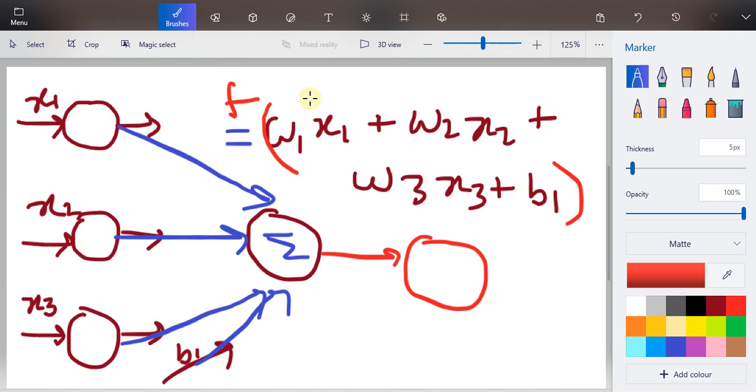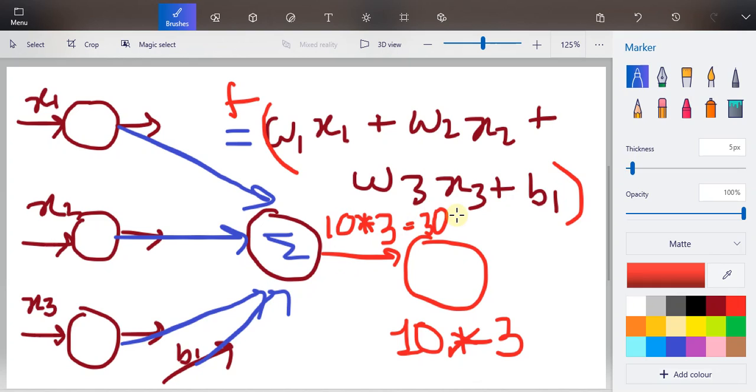As I was giving the example in the earlier session, say if the total of this summarized data is 10, and my activation function is multiplying everything with 3, then after summation, this 10 value is multiplied with 3 and the result 30 is going to be sent as output from this layer.